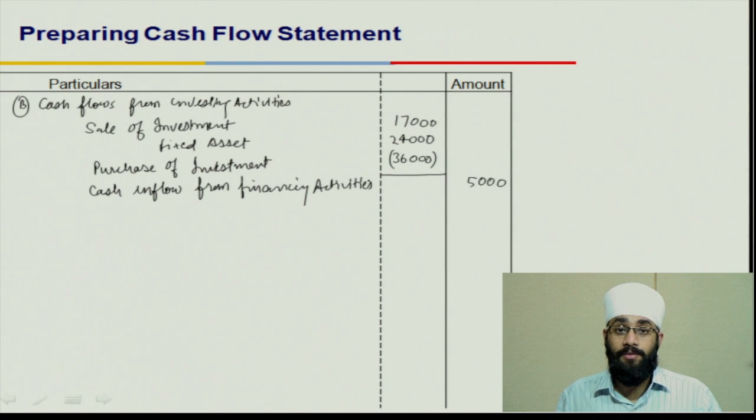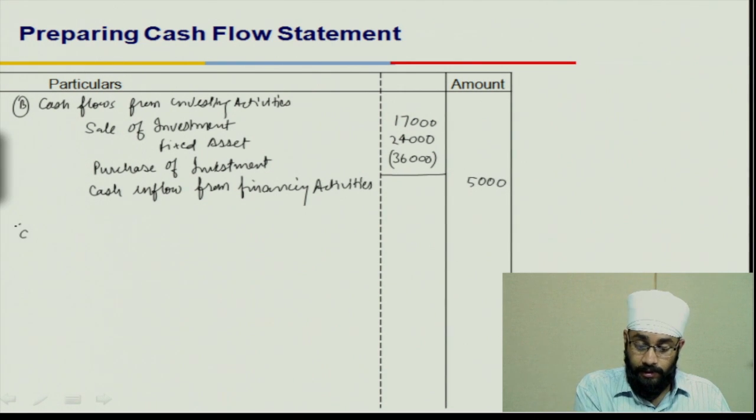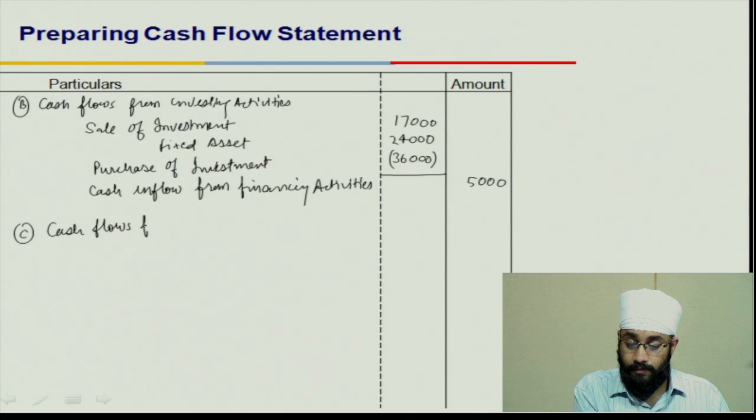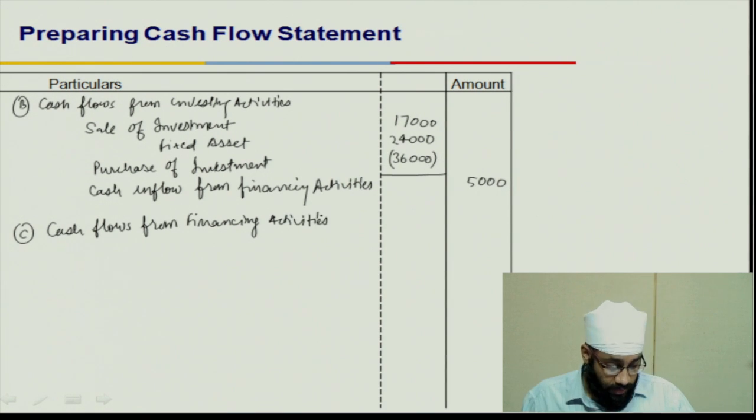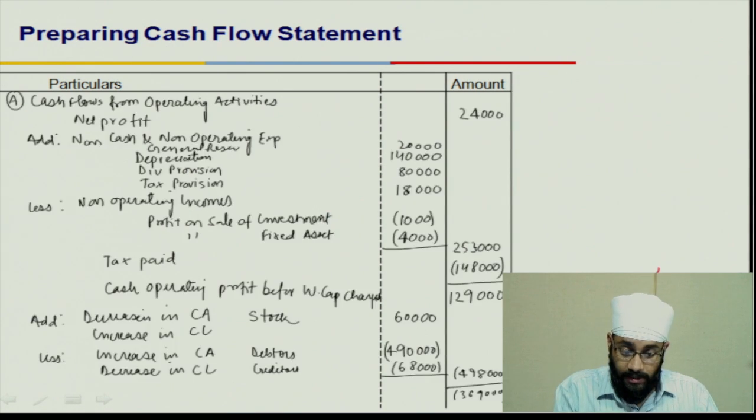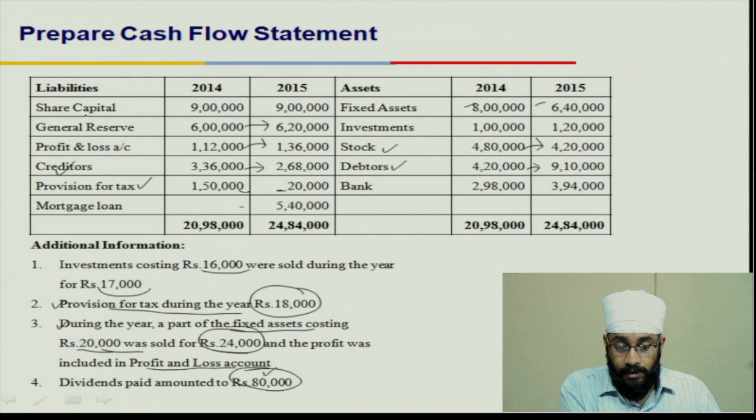Let's now go to the third part, which is cash flows from financing activities. So let's look at the items in the balance sheet one by one. Share capital, there is no change in the share capital, so nothing for our use in the financing activities.